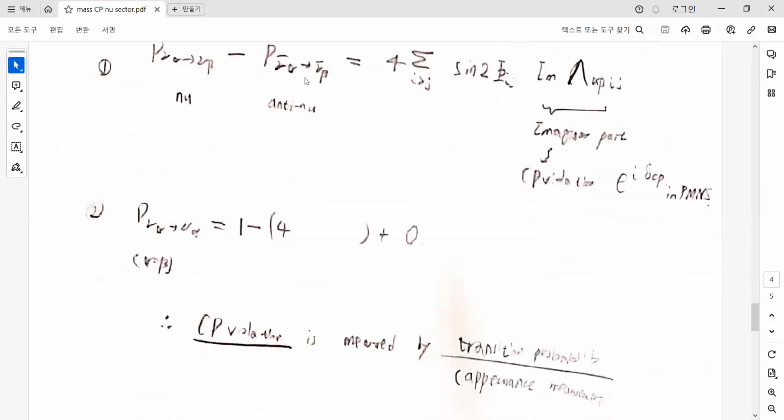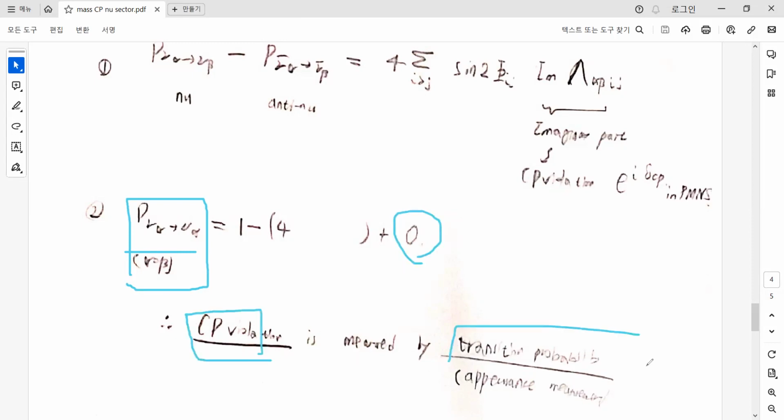And the second thing I want to mention is that if alpha is equal to beta, which means the survival probability or disappearance measurement, the second imaginary part is equal to 0. So CP violation can be measured only by the transition probability, once alpha is different from beta, in the appearance measurement.